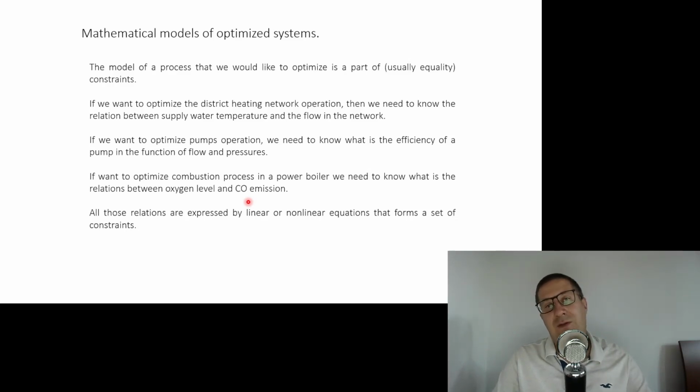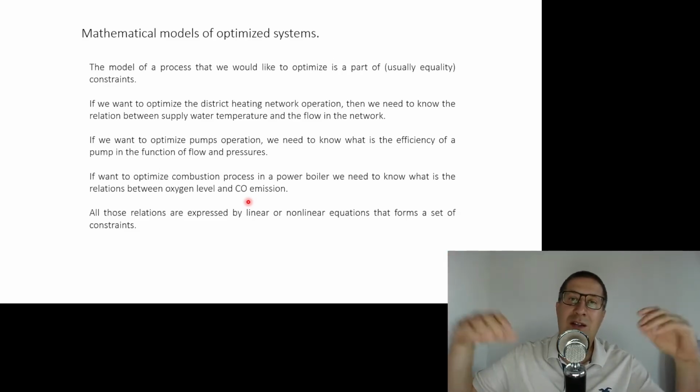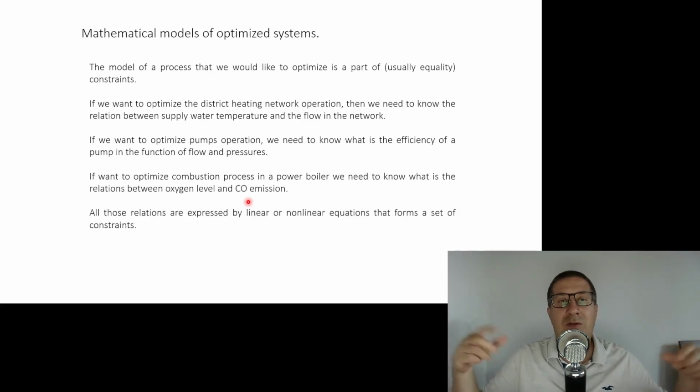Of course, if I add more oxygen, I will limit the CO emission, but on the other hand, I will increase the NOx emission. So in order to find a compromise between those two different goals, I need to have the model. In this particular project, it is identified on the fly based on the most recent data.